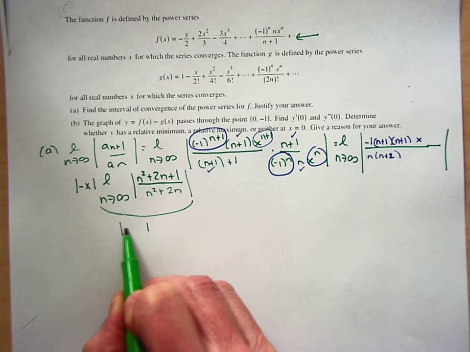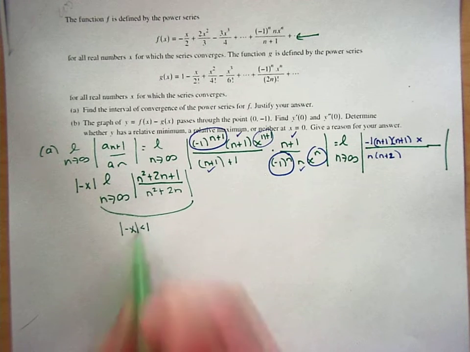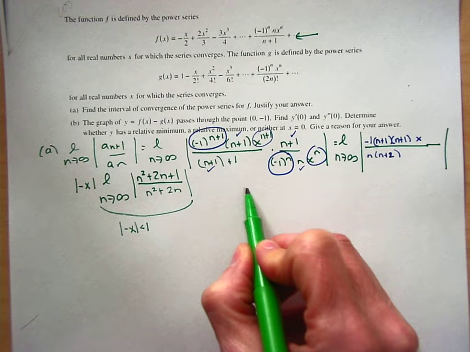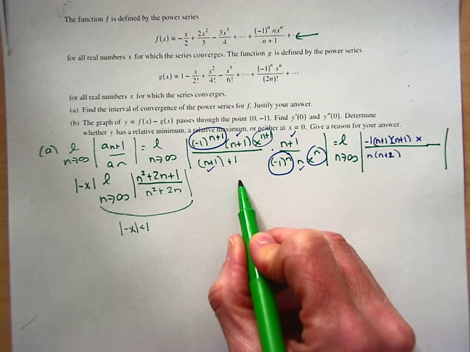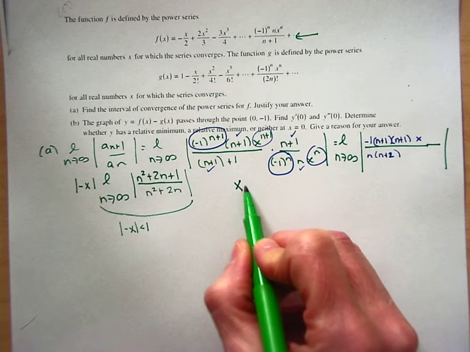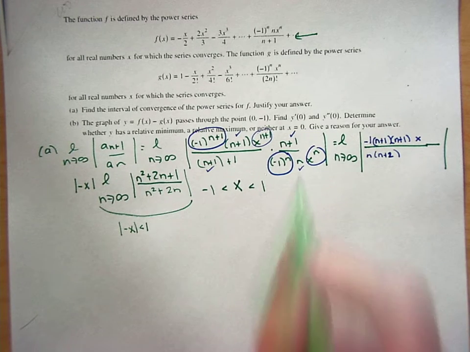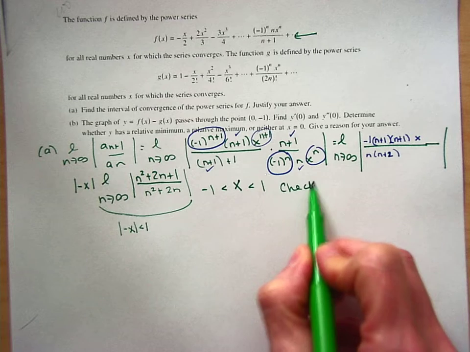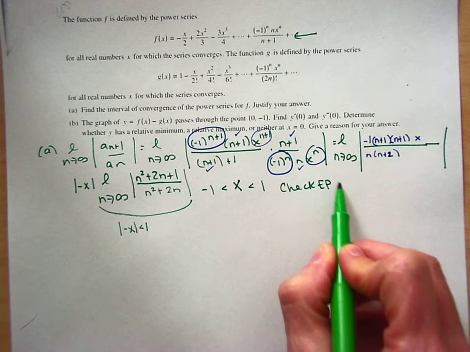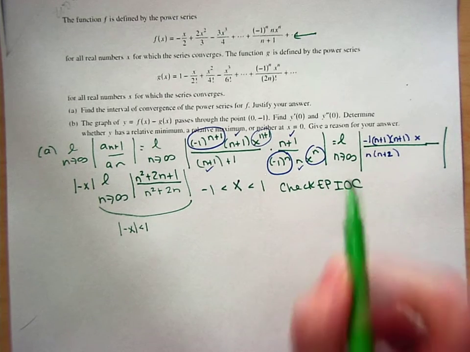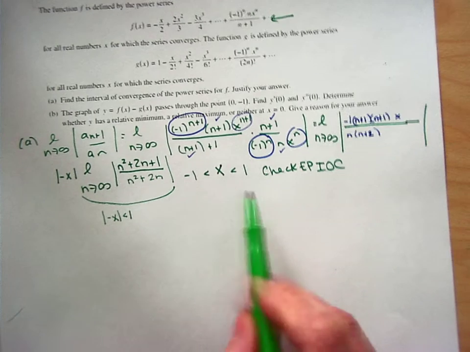So we're looking at solving this inequality, which I think we've done enough of these by now to know that this is going to go between minus 1 and 1. So now we need to check endpoints, because remember that you're being asked for the interval of convergence. So we need to check at negative 1 and 1.